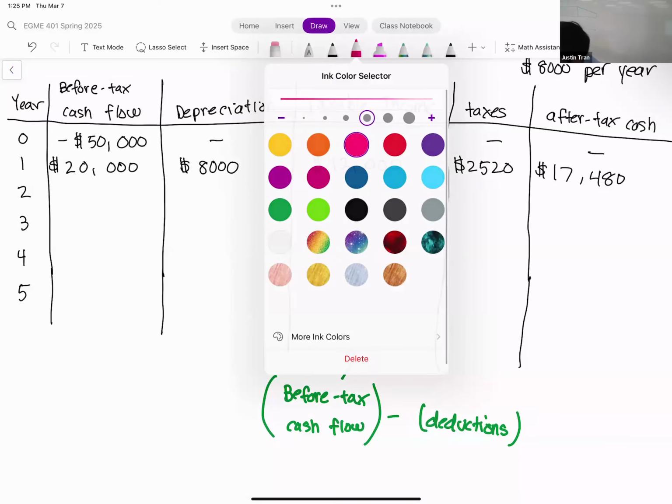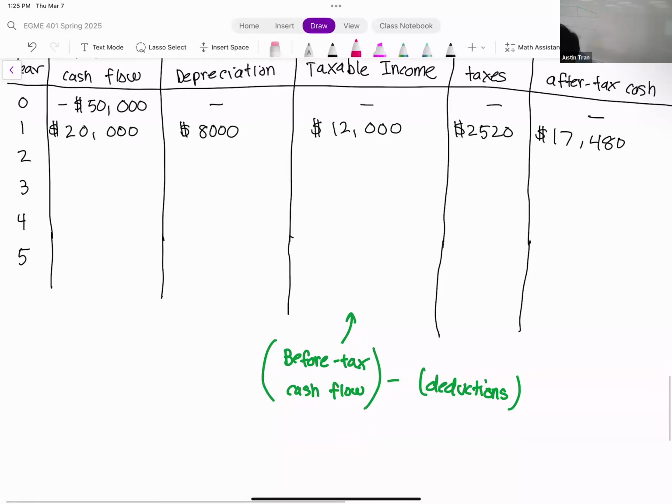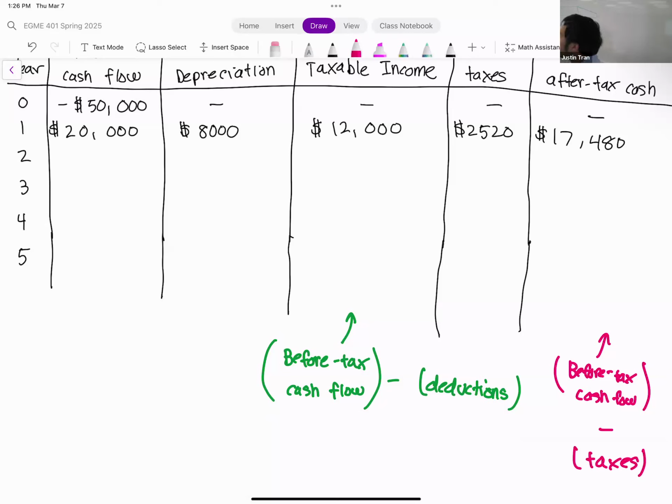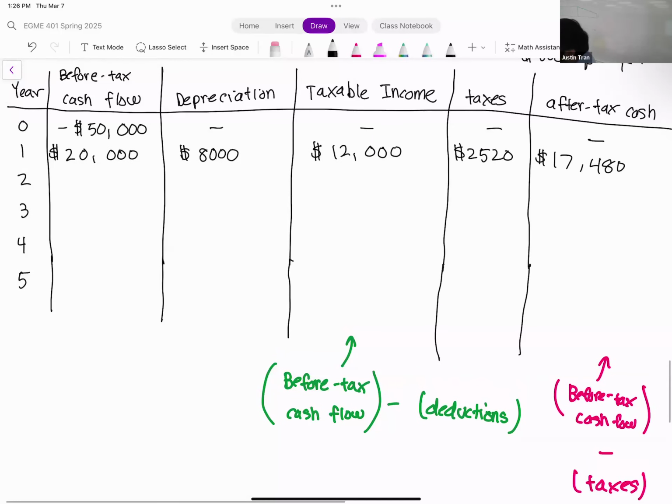So this last column is before tax cash flow minus taxes. After paying taxes, that's what we're left over with in the last column. All right, any questions on how we got all the numbers on that row there?